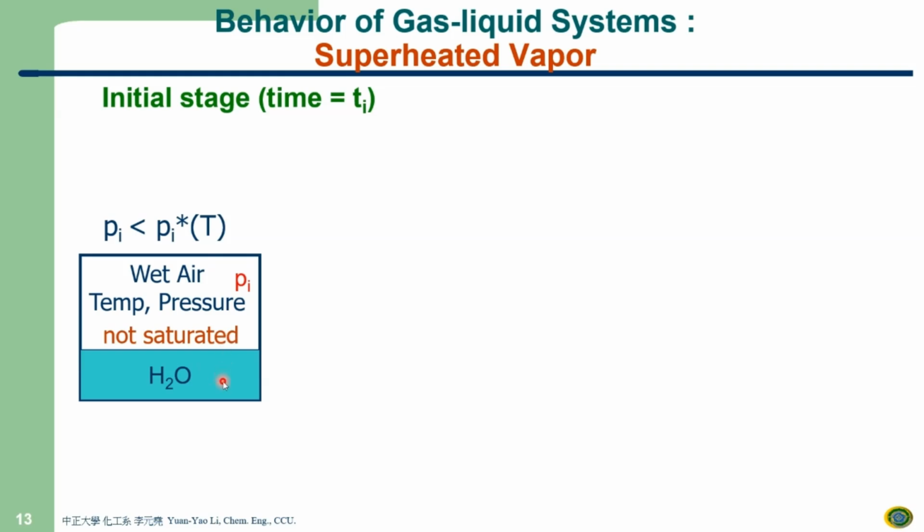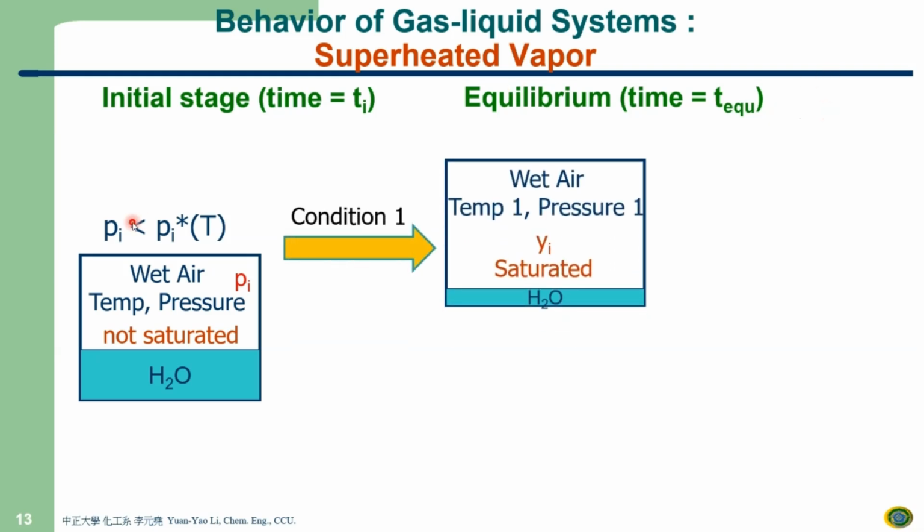The water vapor will keep going up, so Pi will increase until it reaches equilibrium, at time equal to EQ, which stands for equilibrium. This is condition 1. You realize the amount of water in the liquid phase will reduce, because water vapor comes up from the liquid, and the gas phase becomes saturated.